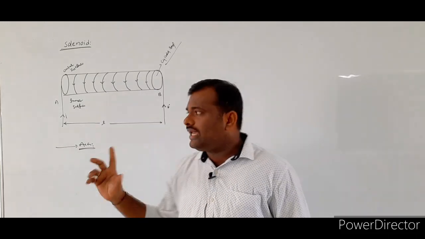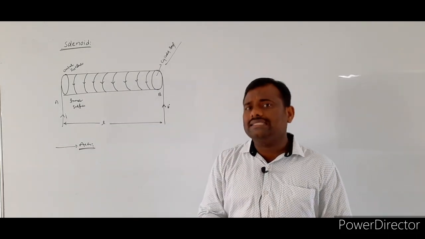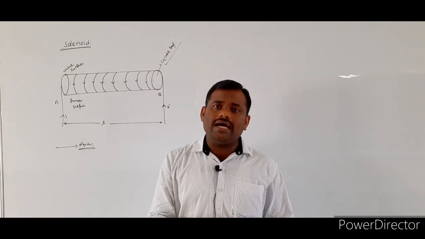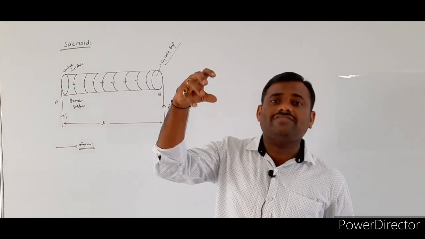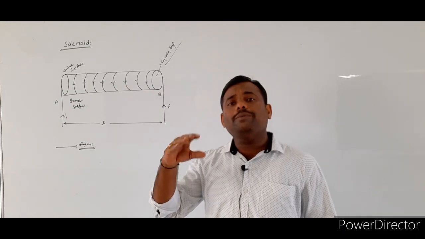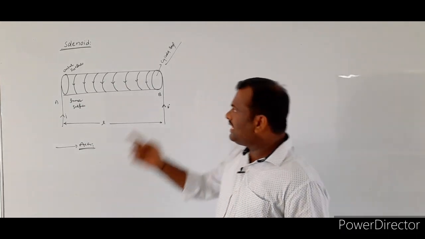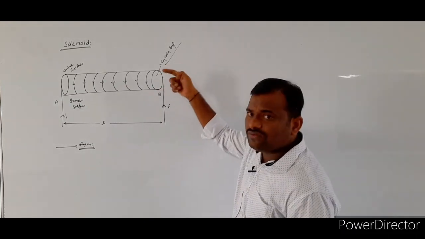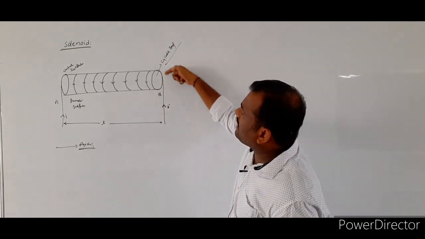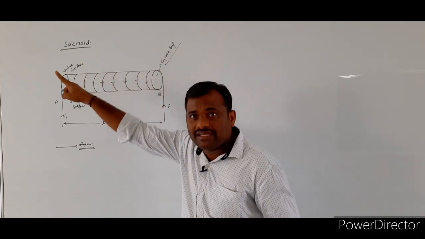Once again, so here you are going to calculate the resultant magnetic field, so automatically so many magnetic fields are there. How do the multiple magnetic fields exist? While you are winding the current carrying wire into so many number of turns.